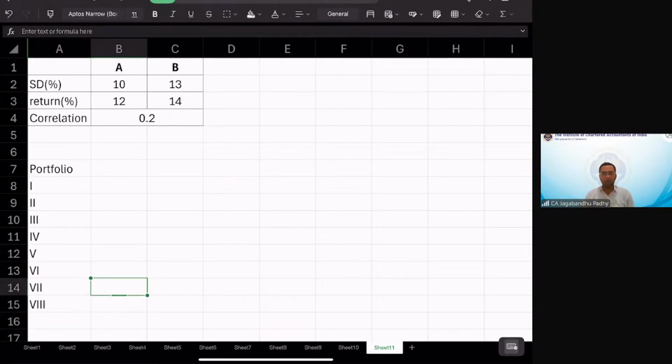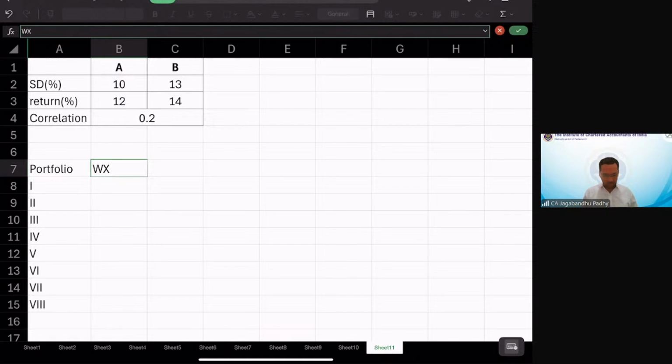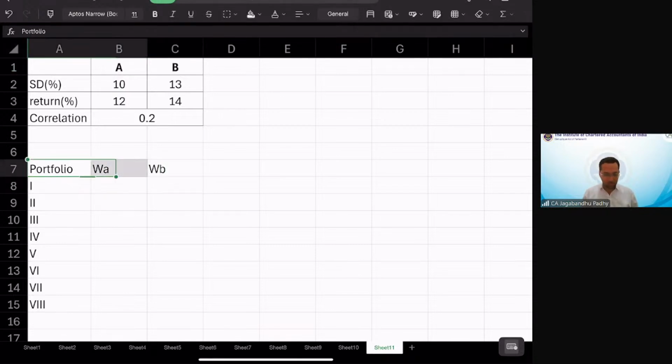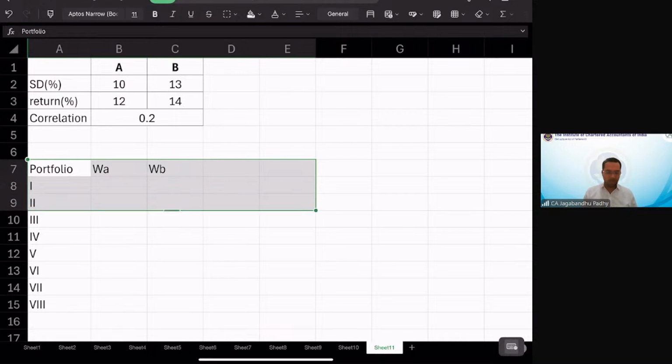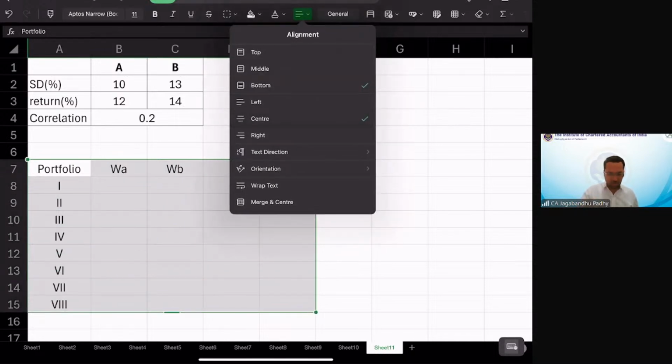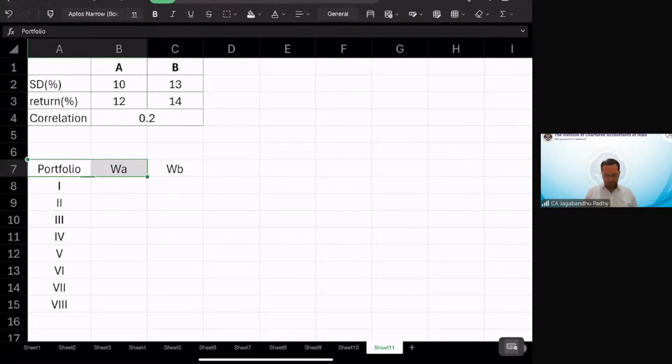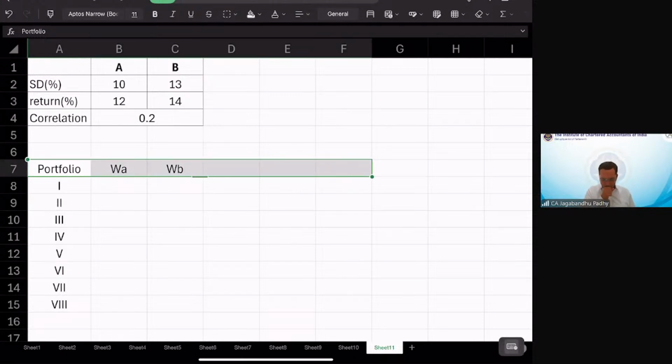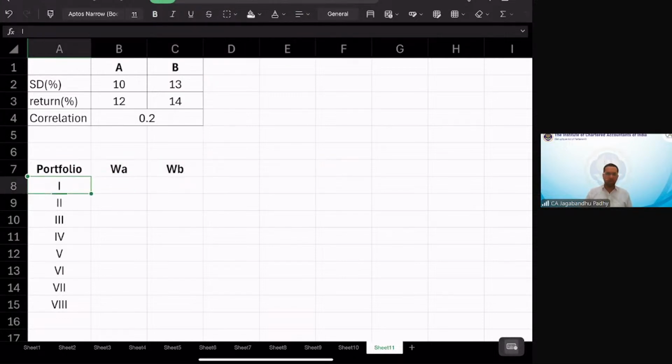So we are looking at 8 different portfolios, and for each of these portfolios, what we are changing is the weight of A and the weight of B. We are looking at multiple values of weights of A and B, and then trying to be more calculative about the risk and the return.